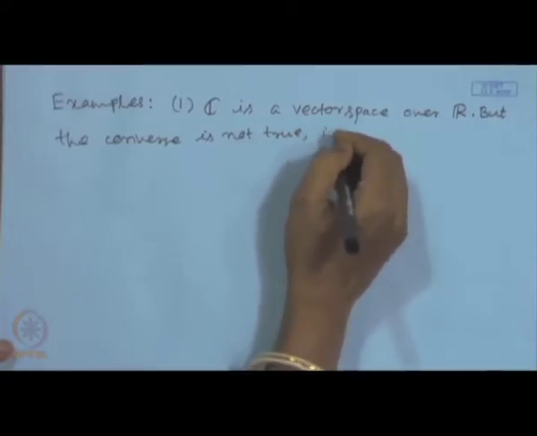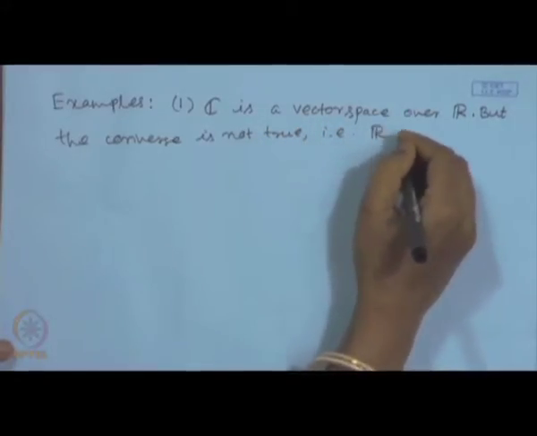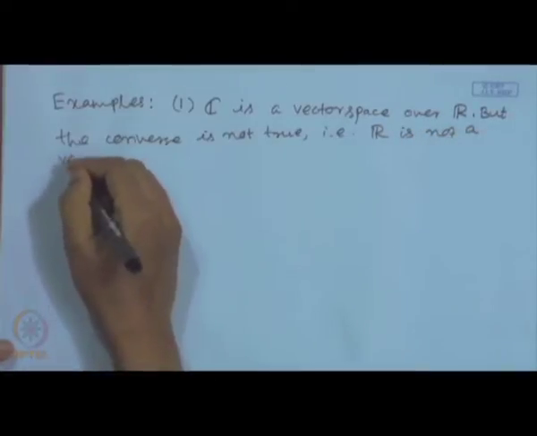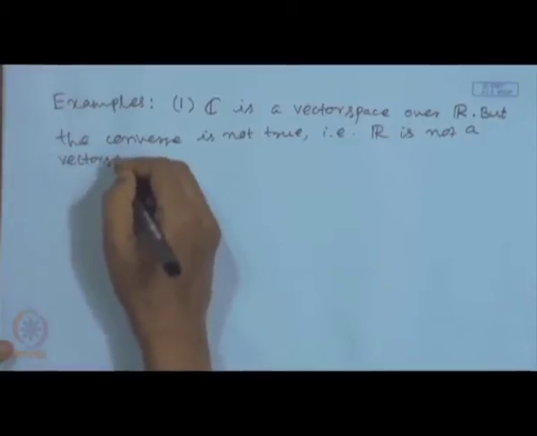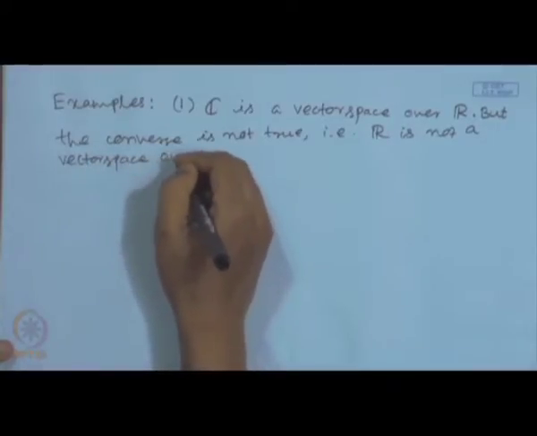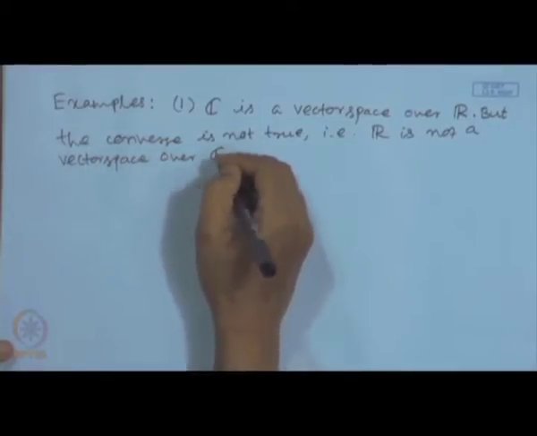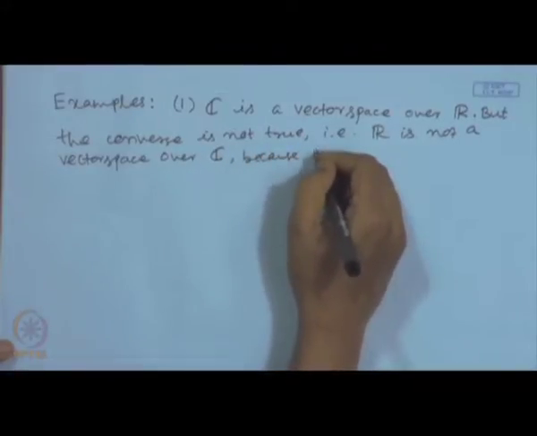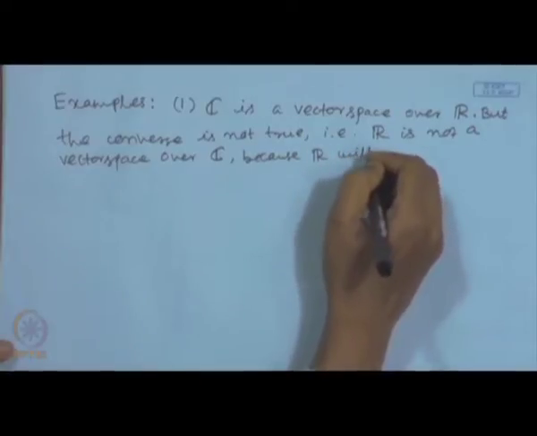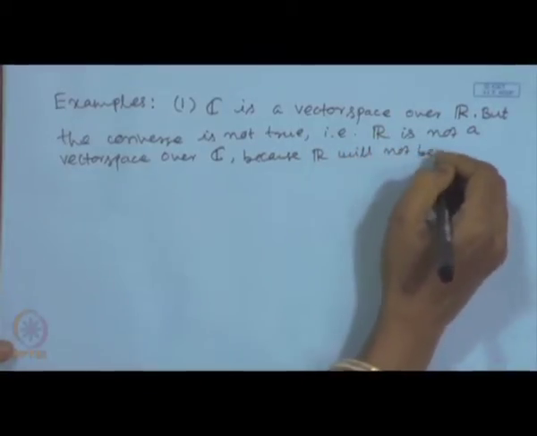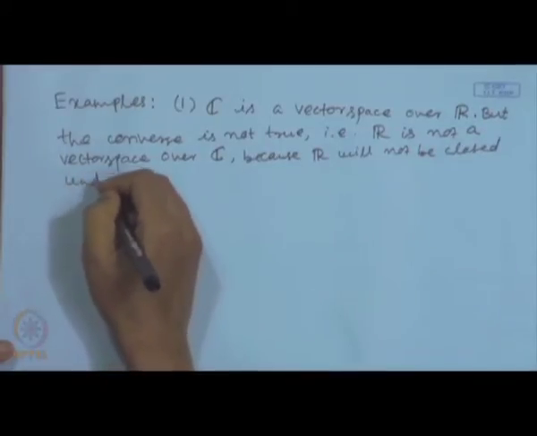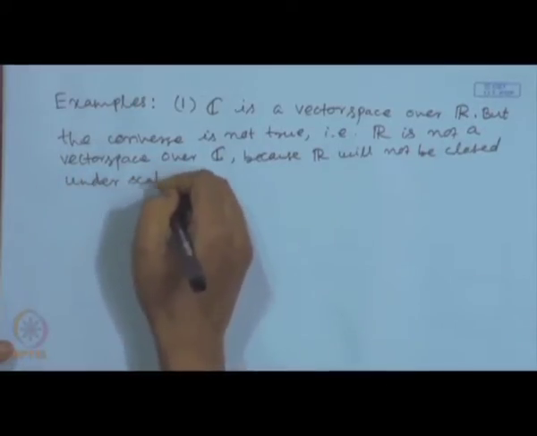That is, R is not a vector space over C, because R will not be closed under scalar multiplication.